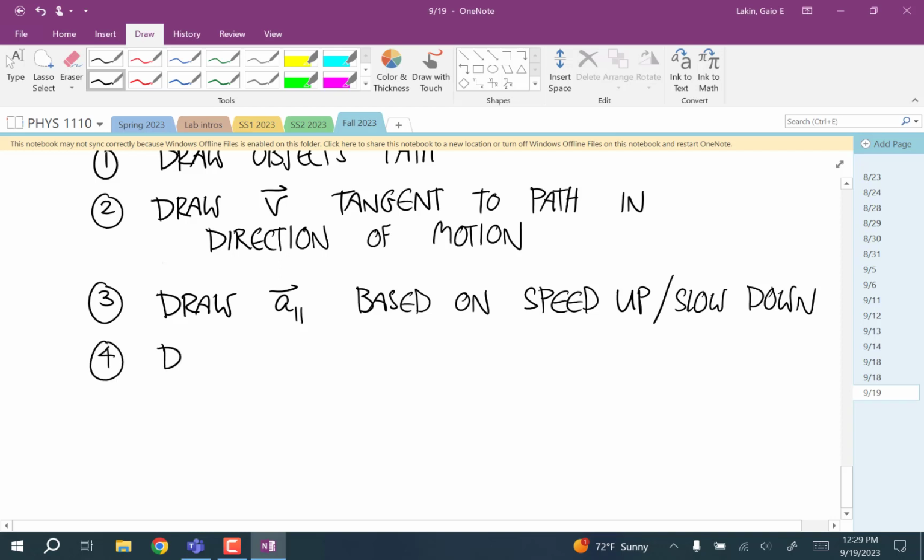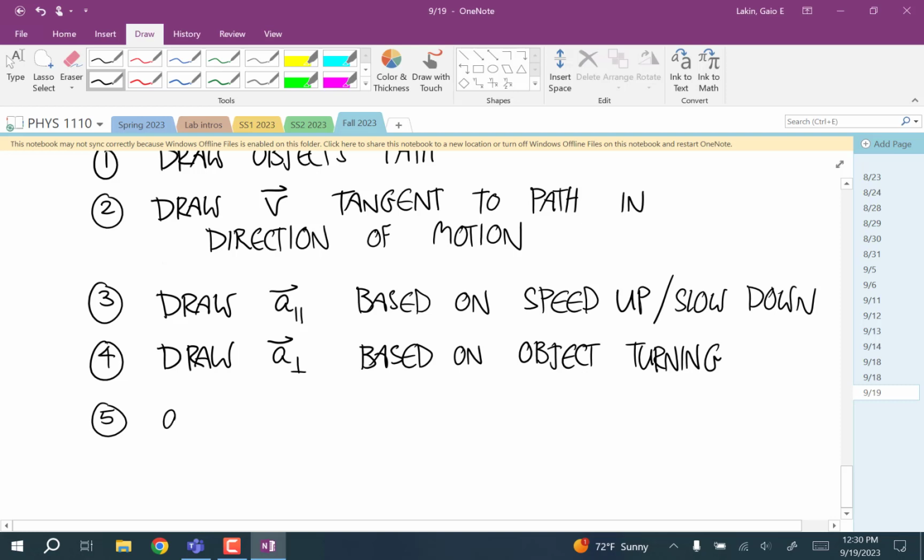Fourth, draw a perpendicular based on the way the object is turning. And then fifth, the total acceleration is the sum of these two things, a parallel and a perpendicular.